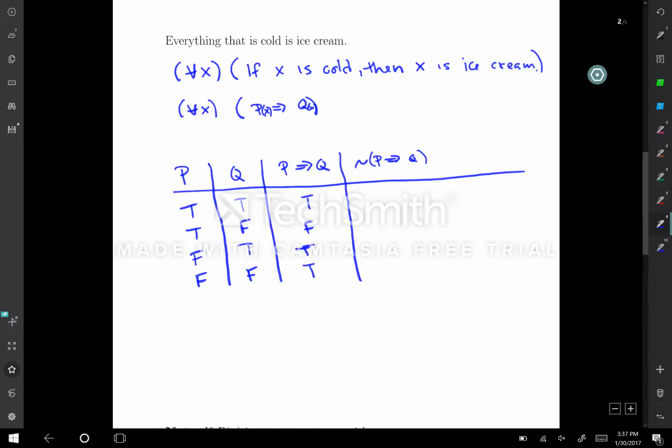So when we negate the statement, the only time it is true is when we began with a true implying a false.